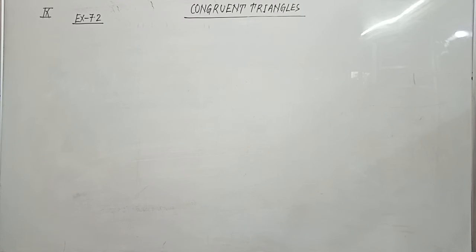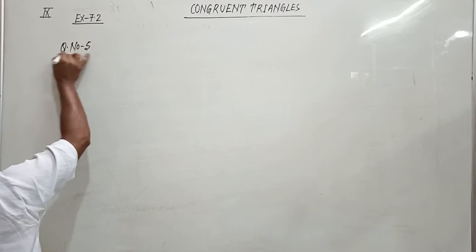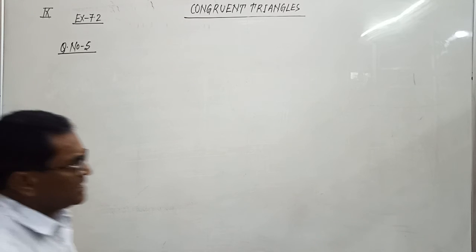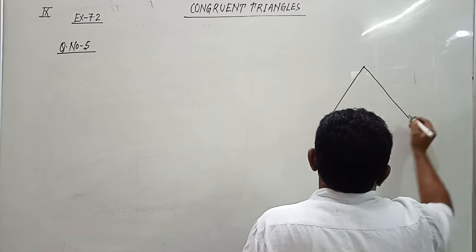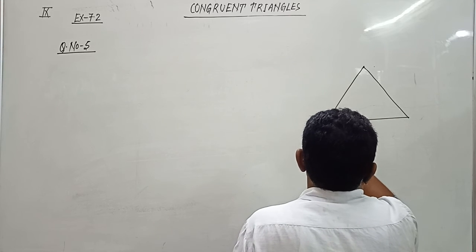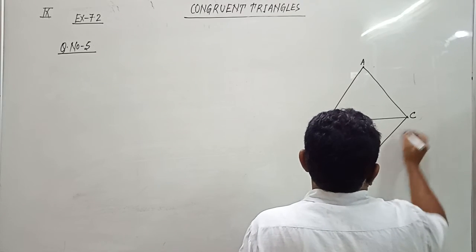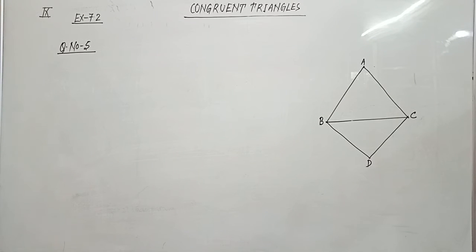Now question number 5. Triangles ABC and DBC are two isosceles triangles on the same base BC.